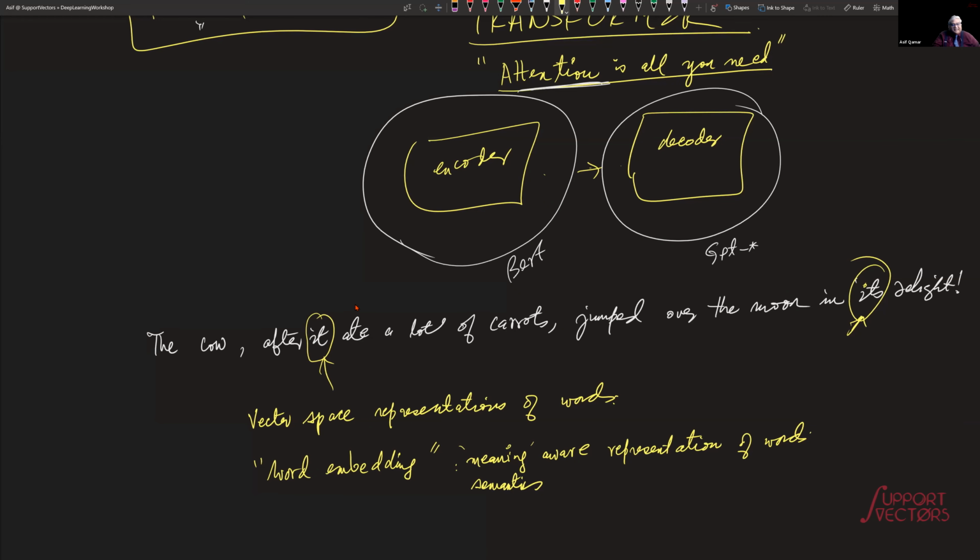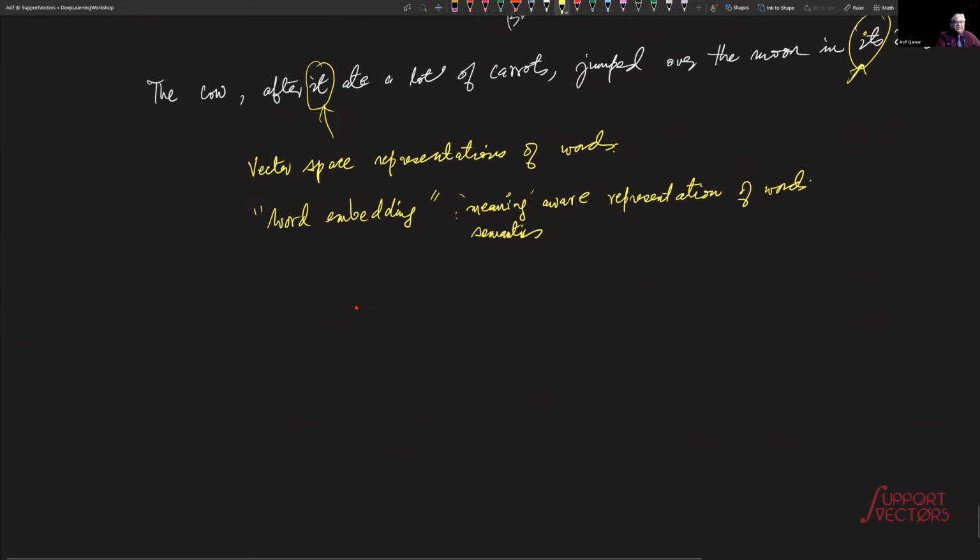So examples of that we did. What was an example that we covered in detail? Can somebody tell me? Of word embedding? King and queen. Right, we took the example that you could do king minus queen is equal to man minus woman, and so forth.